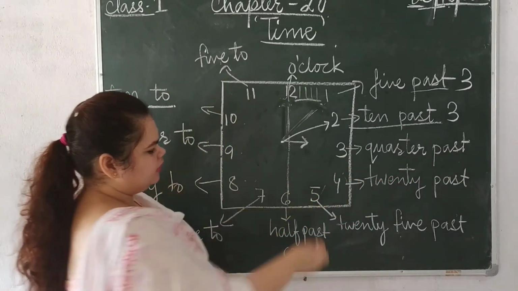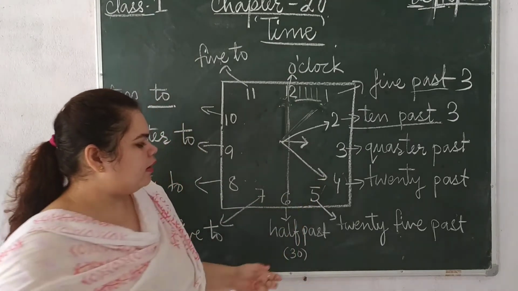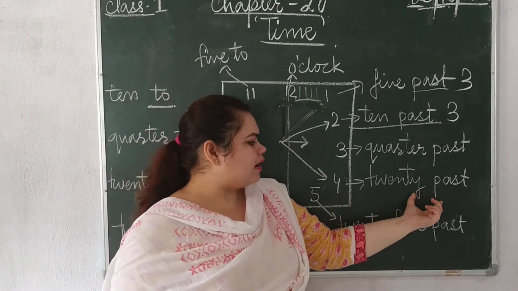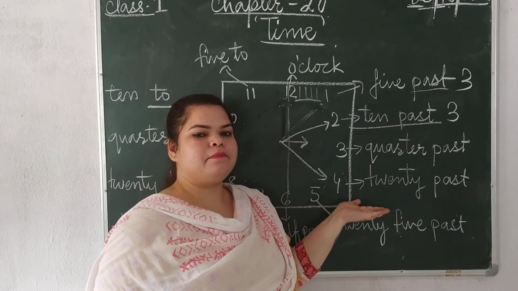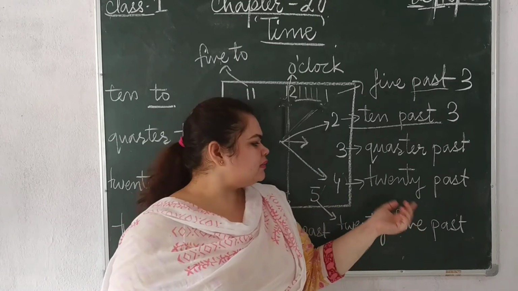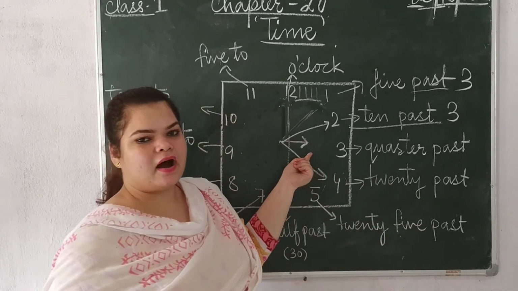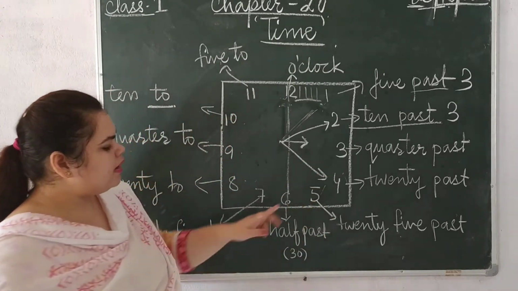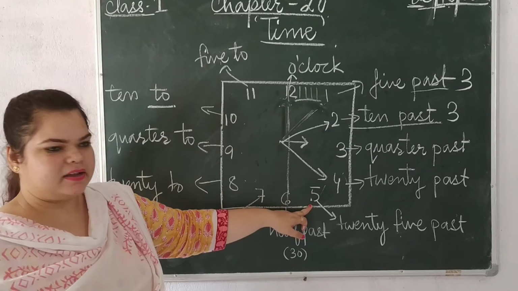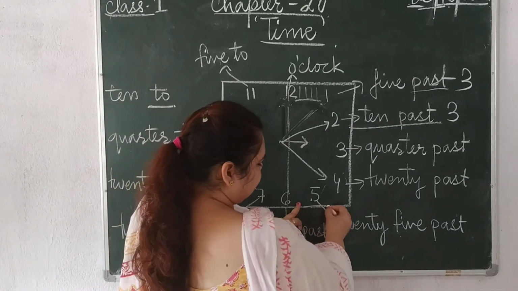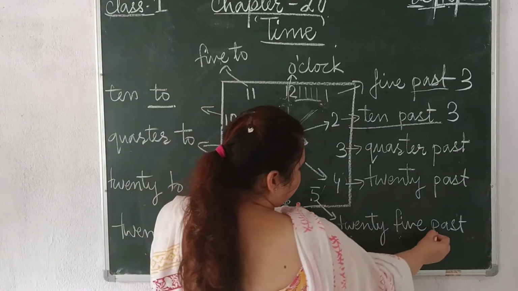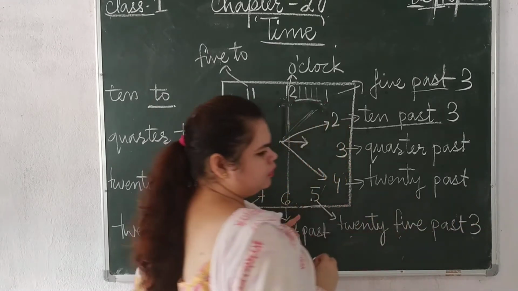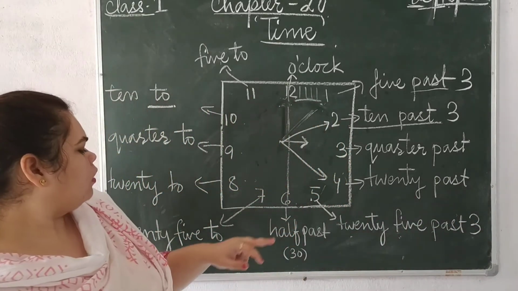If it reaches here, it becomes 20 past 3 or 20 past 4. It depends where the small hour hand is. Next, when the big hand comes to the number 5, you can say it is 25 past 3 or 25 past 4.